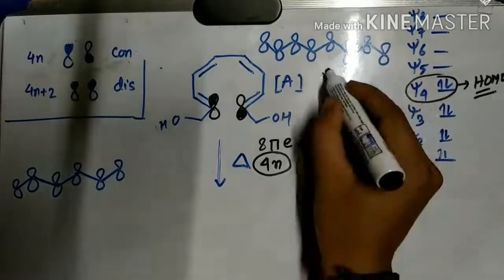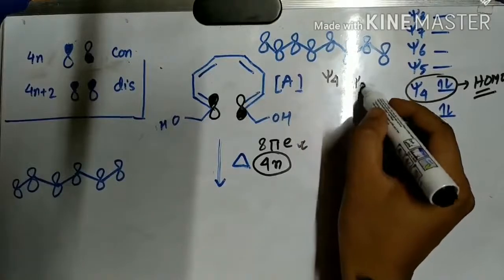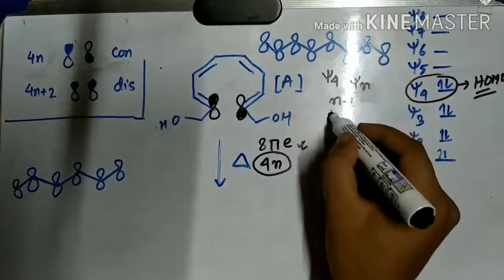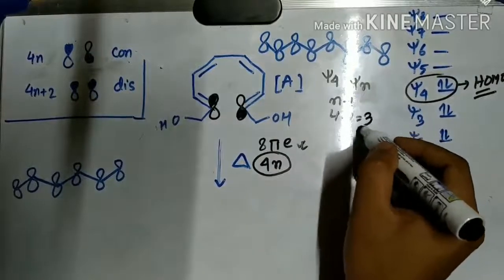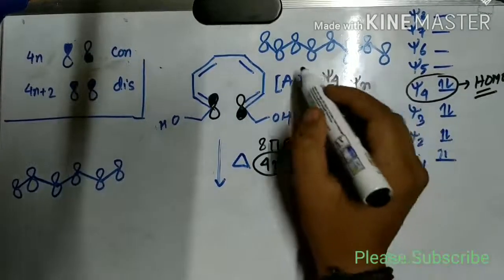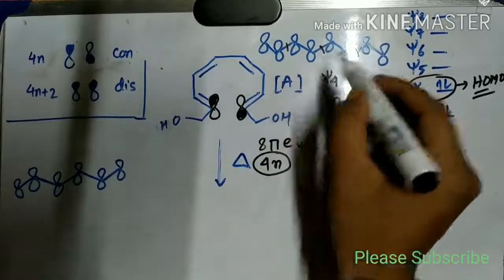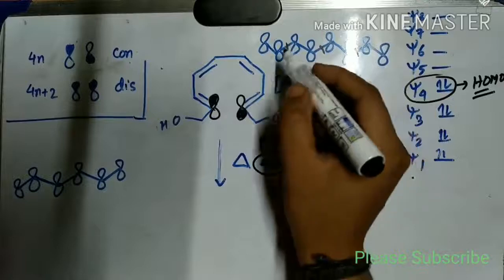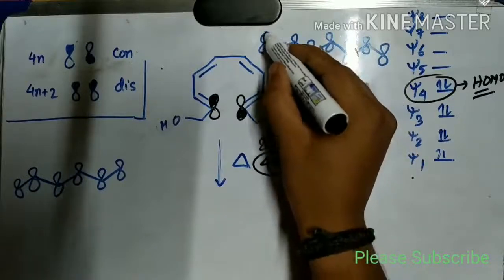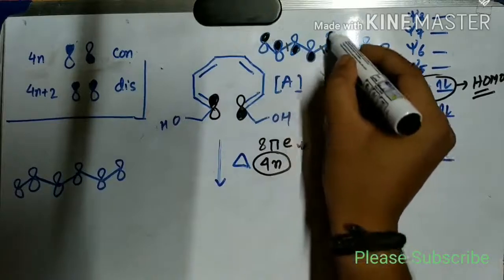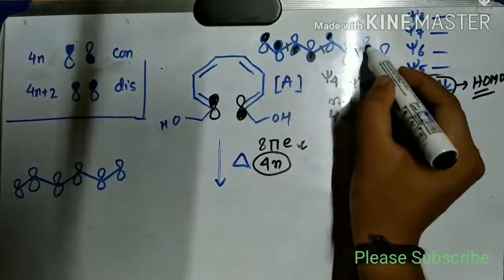This is psi 4, and we know that for psi n, n minus 1 nodes are present. Therefore psi 4 has 4 minus 1 equal to 3 nodes, and these 3 nodes distribute symmetrically, like this. If I give the orbital direction, this will be above, this below, this above, and this below.